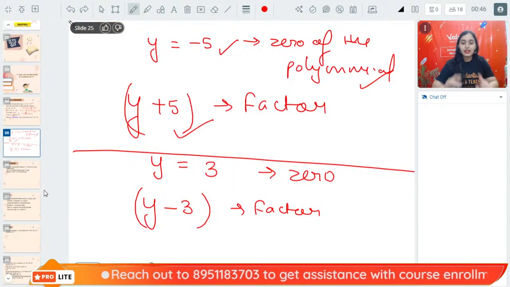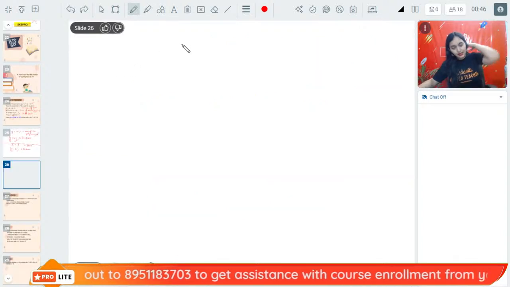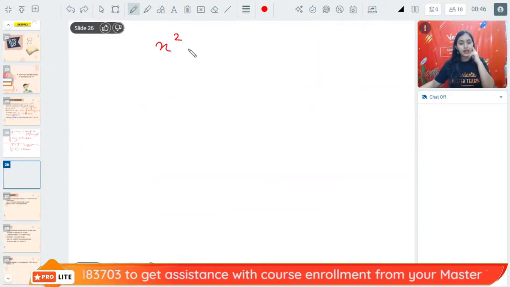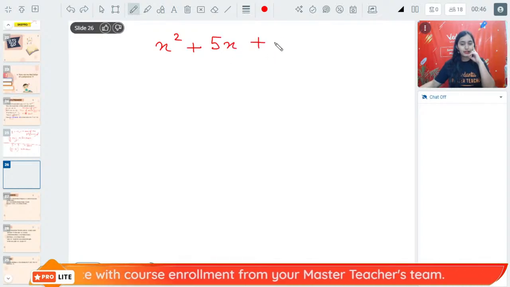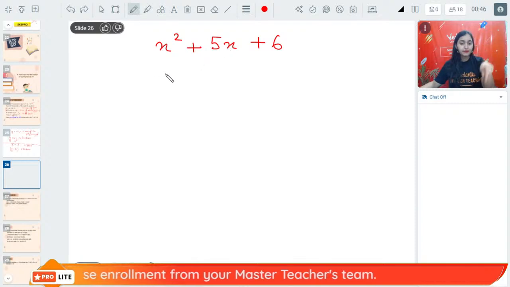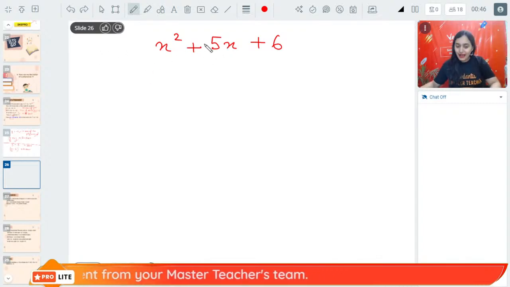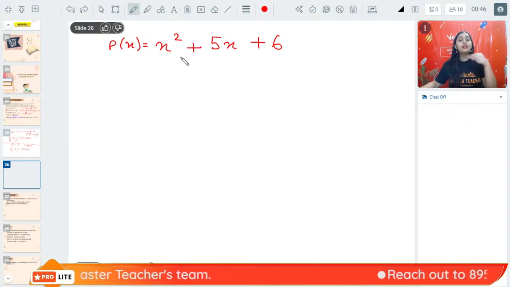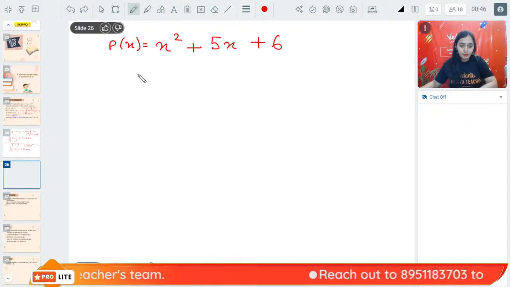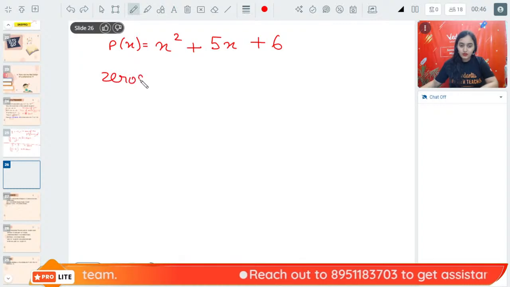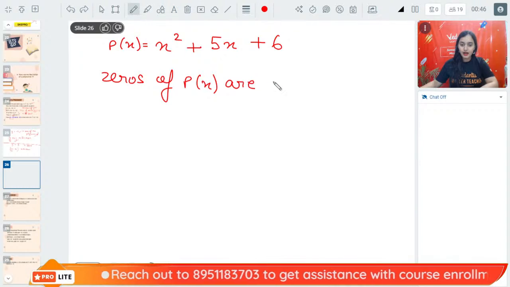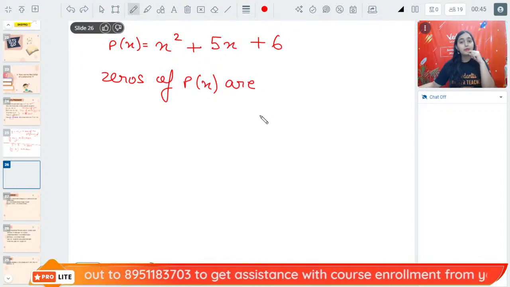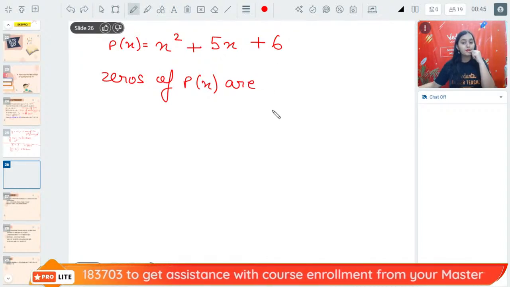Chalo, let me take one example over here. I am taking the example of x square plus 5x plus 6. Okay. Now, what are the zeros of this polynomial px? So, zeros of px are, at what value will it become 0?